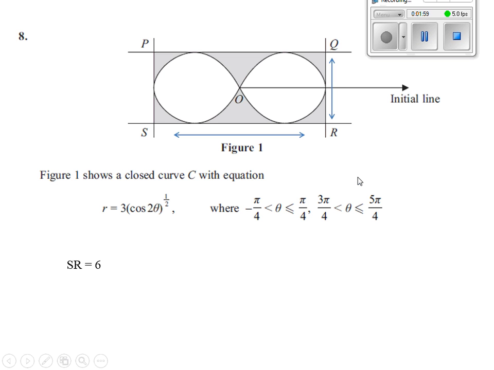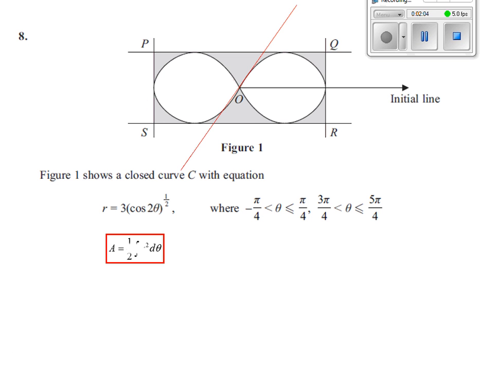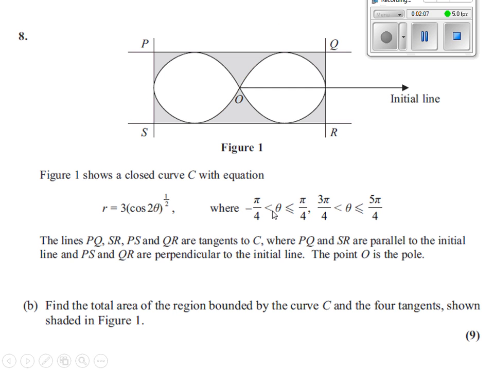And the key words are tangents to C, parallel to the initial line, and perpendicular to the initial line. So PQ and SR are parallel to the initial line. That should trigger something in our thinking. PS and QR are perpendicular to the initial line.